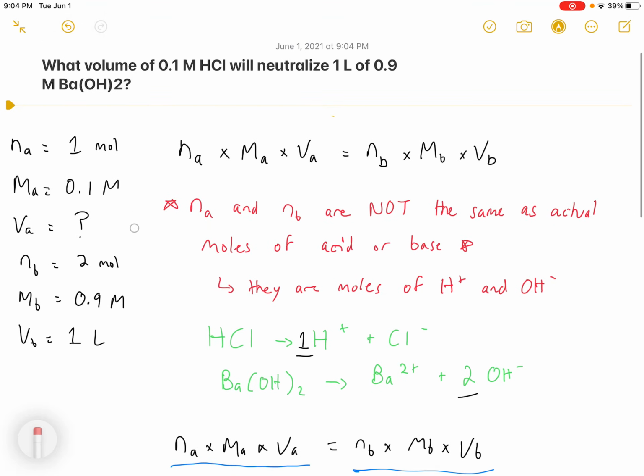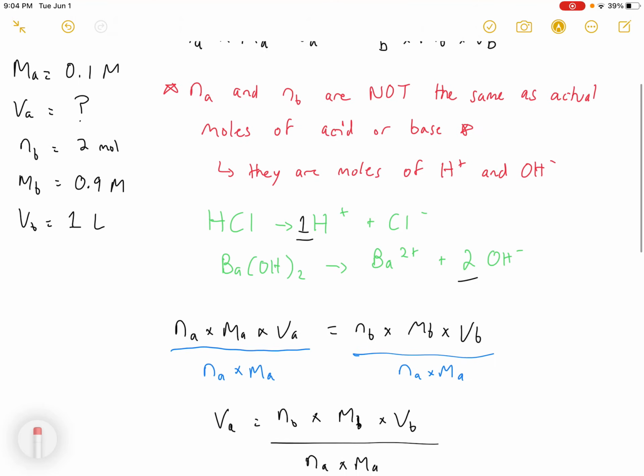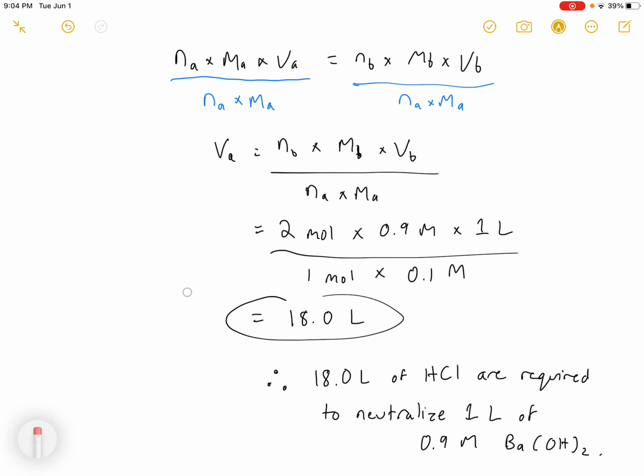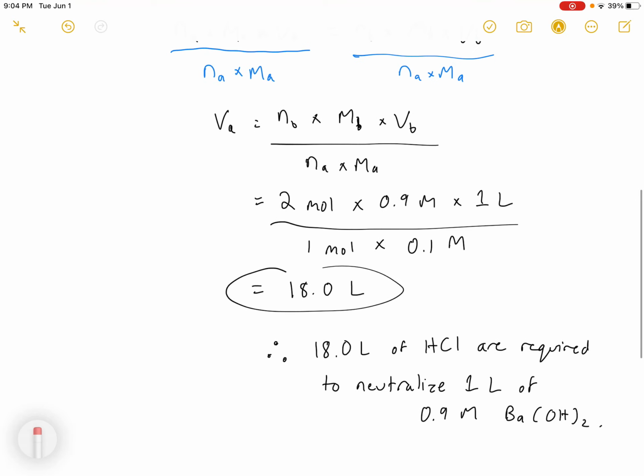Then we went to our data list and inputted all of our information to make it easier to solve later. Then we performed algebra to isolate the volume of the acid on its own. Then we plugged in our numbers and got a final answer of 18 liters. That is how you approach titration type problems or complete neutralization problems.